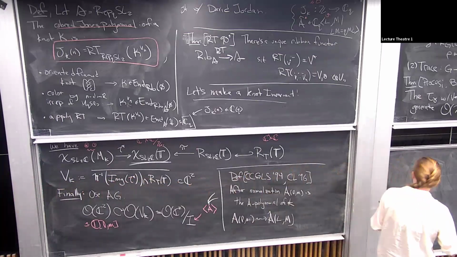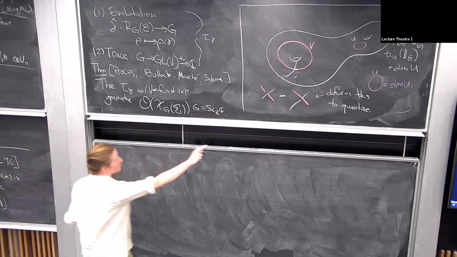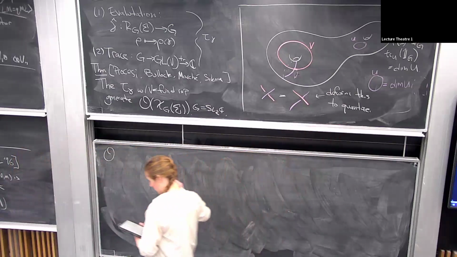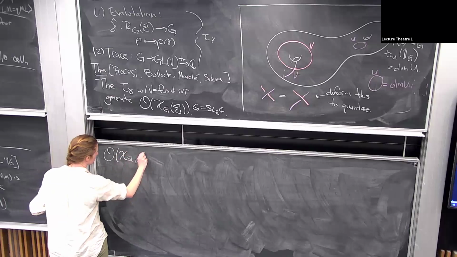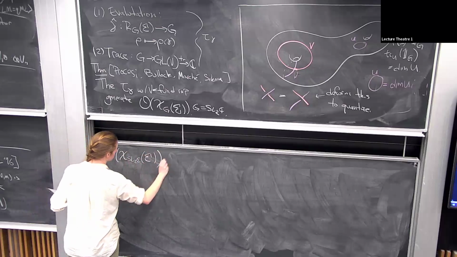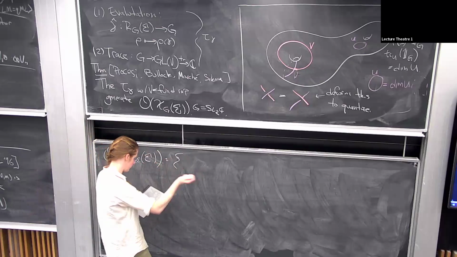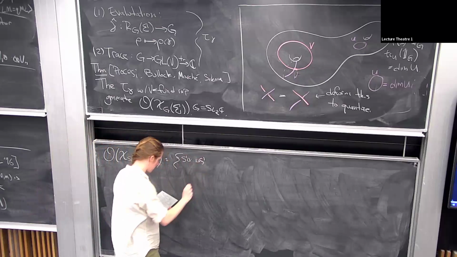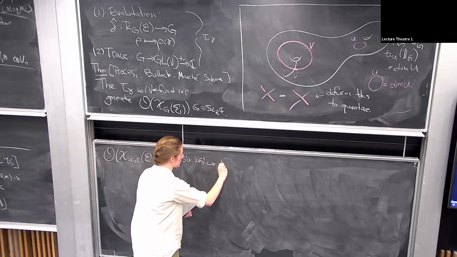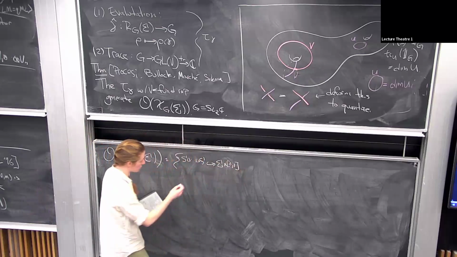Okay, so what I want to do is make this deformation, the quantization, more precise. So I'll say what I've shown is that this SL2C character variety of my surface looks like a bunch of copies of S1 in my thickened surface, so it's up to homotopy.